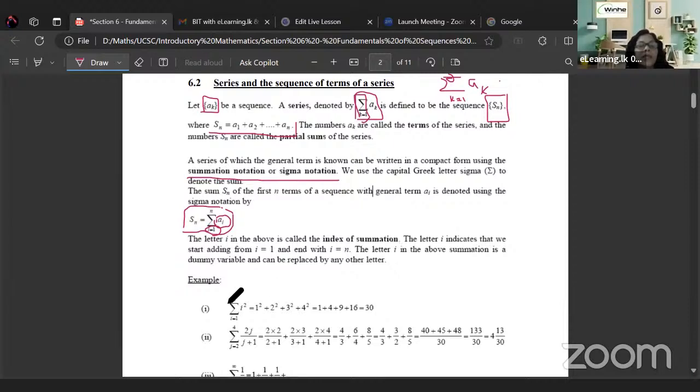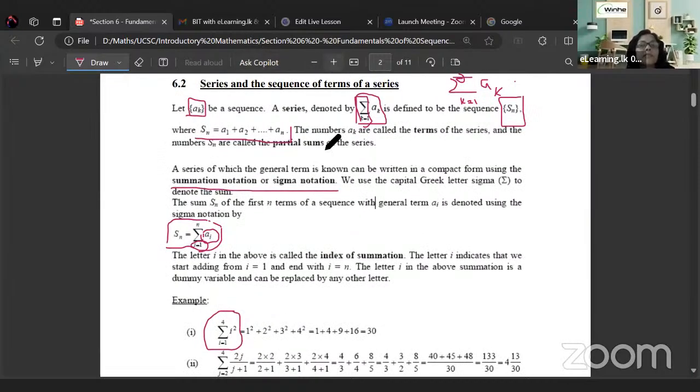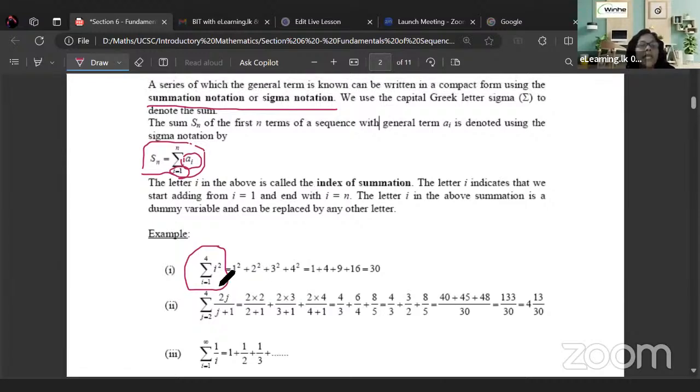Right. Here you can, if you consider this example, here it says sigma i equal 1 to 4, i square. That means i equals 1 to 4. You have to get the summation of this, i square.